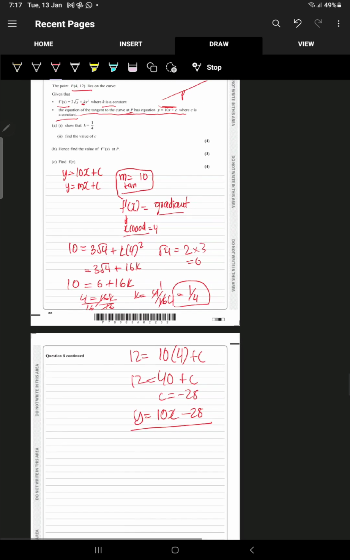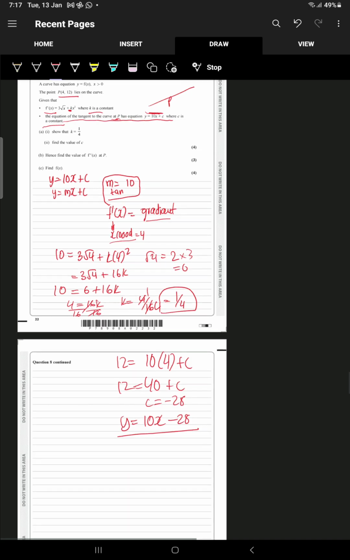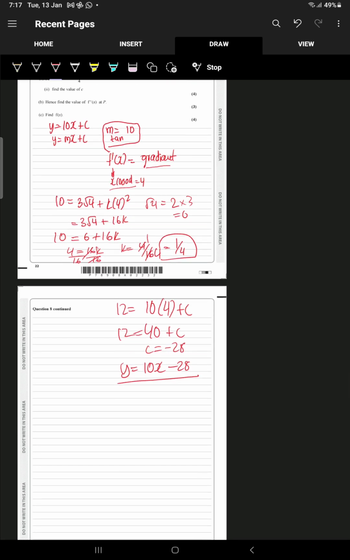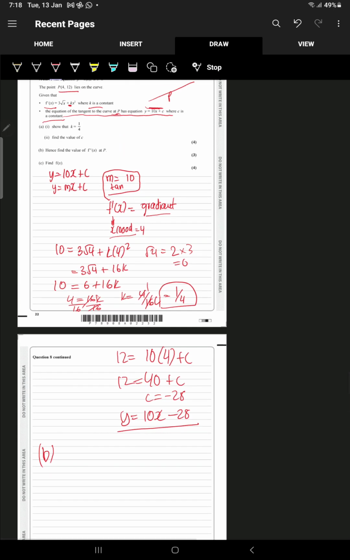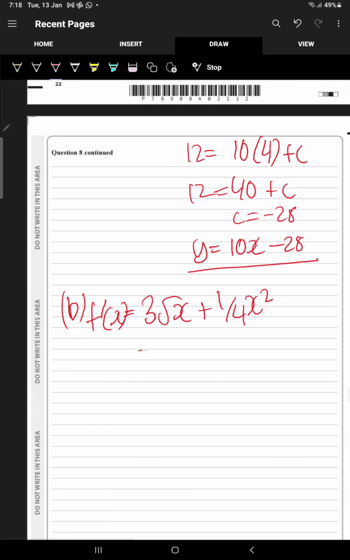So basically we have to find dy/dx again: 3 root x plus 1 over 4 x squared. This is f dash of x. Now using the laws of indices, root can be expressed as a power of half. You should know this from chapter 1. It's not realistically possible to differentiate with the root there.